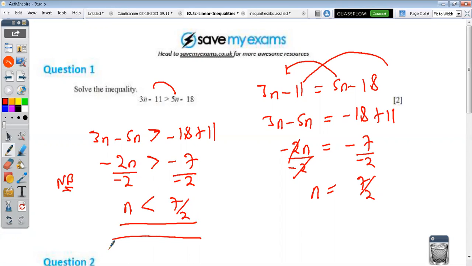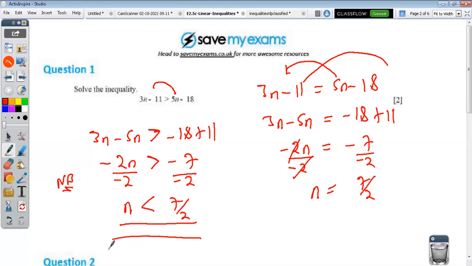Could you please repeat the points? What you said? Whenever we divide by a negative in inequality equations, the inequality sign changes direction.